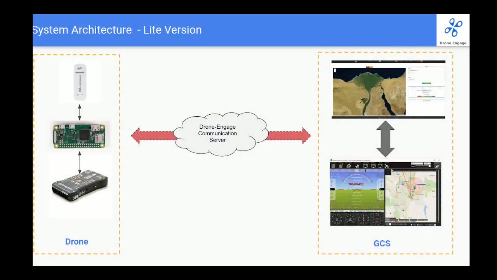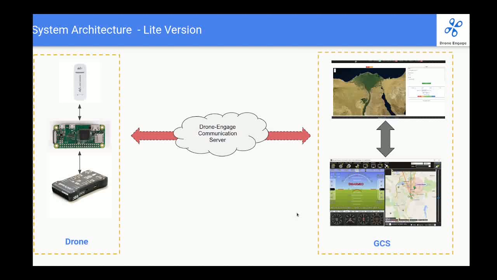Now let's see the system architecture of Drone Engage. We have two main parts, the drone part and the ground station part. The drone part consists of Pixhawk or whatever flight control board and a Raspberry Pi Zero connected to a 4G GSM stick. And this stick connects to the Drone Engage communication server.